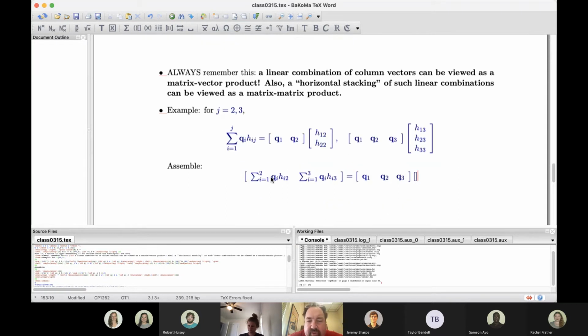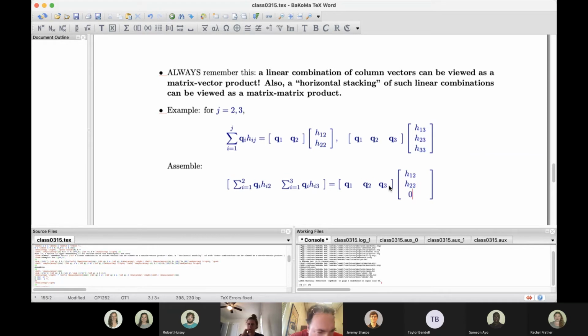So for this first column, I have these coefficients, H12, H22. And then in this column, I am not involving Q3 at all. Therefore, that requires putting a 0 there. And then for the second column, I involve all of Q1, Q2, Q3 multiplied by these coefficients. So they would go in the second column.